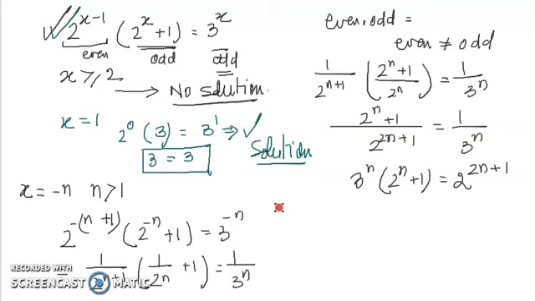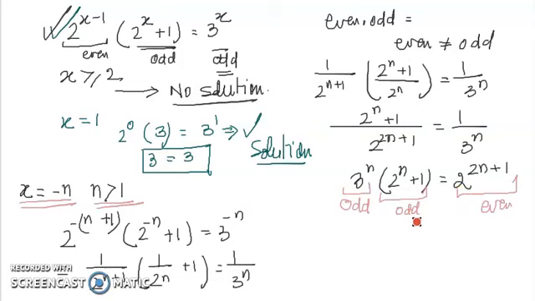Now as we have assumed x equals negative n and n is greater than 1, we can say this part is an odd number and this part is also odd, whereas this part is even.